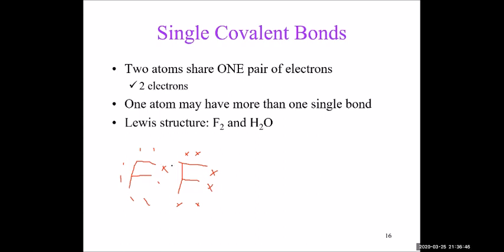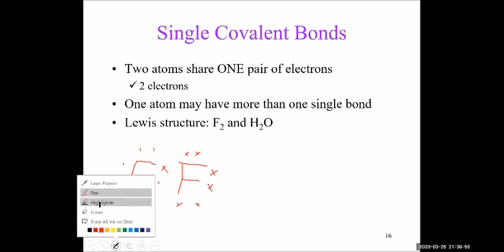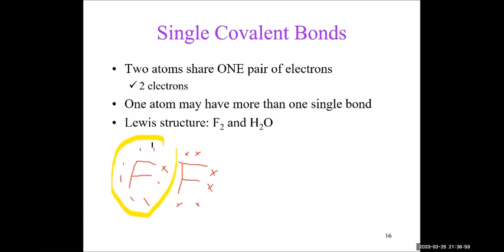After sharing the one pair, you can see this fluorine has 1, 2, 3, 4, 5, 6, 7, 8 electrons. And this fluorine also has 8 electrons. By sharing, they both become 8, become noble gas, and then stable.